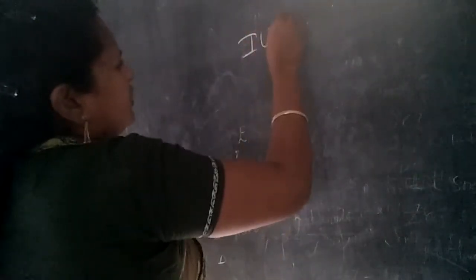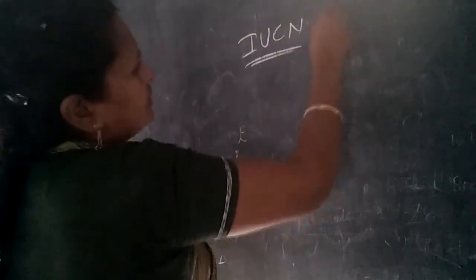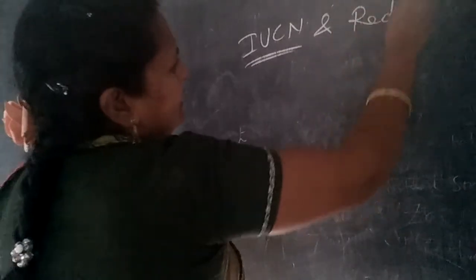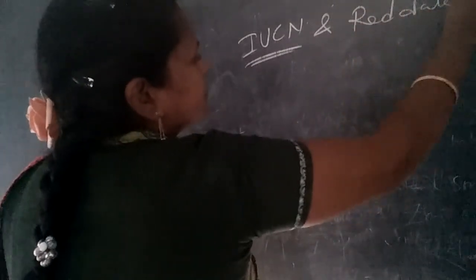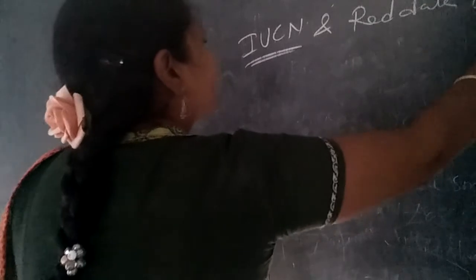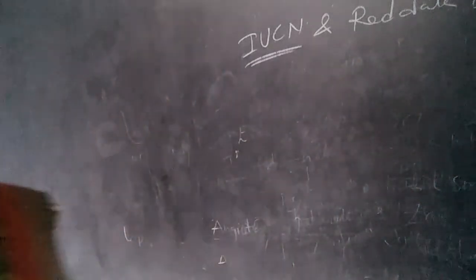The next one is the IUCN and the Red Data Book. What is the IUCN?